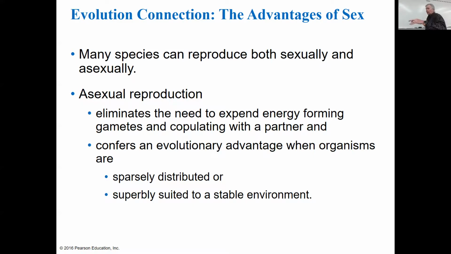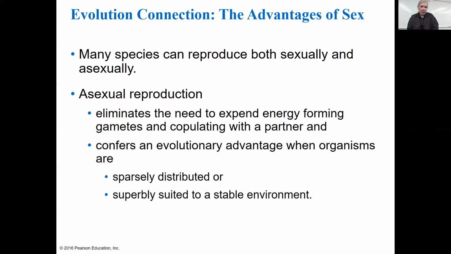Okay, asexual reproduction confers evolutionary advantage when organisms are sparsely distributed or superbly suited to a stable environment. Because why do you want to scramble things up if you're suited superbly to a stable environment, you know? And also, asexual organisms make many, many more offspring because every single individual gives birth.